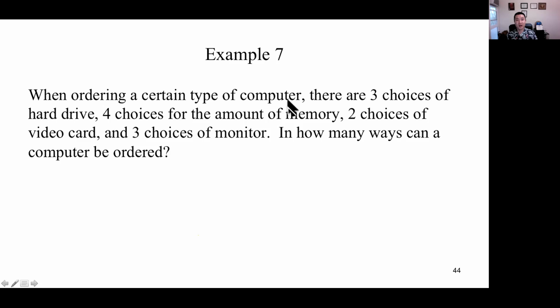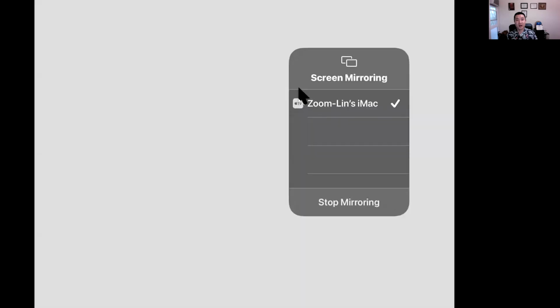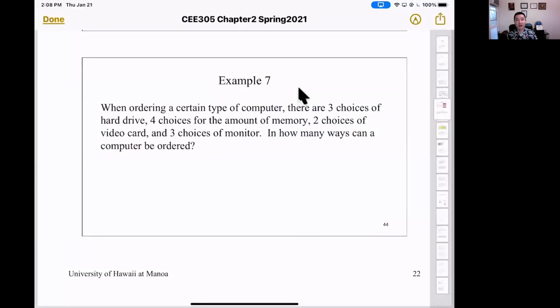So the equation is going to be based on the counting method. We can think of this as an experiment with 1, 2, 3, 4 steps.